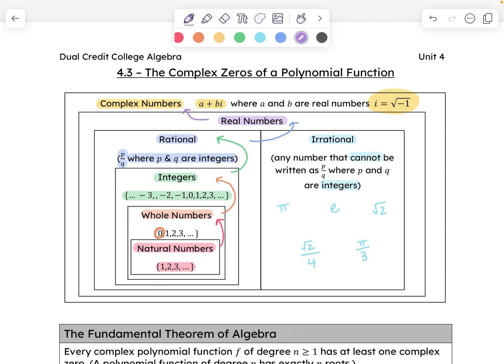Normally we think about complex numbers being like 4 plus 9i or 6 minus 12i, but technically we could also write it as 5 minus 0i, and that 5 is a real number. And the 0i part, remember, if it's 0, it's just 0. So it's technically just a real number, but it's part of the complex numbers still. Just keep that in mind as we're going through today.